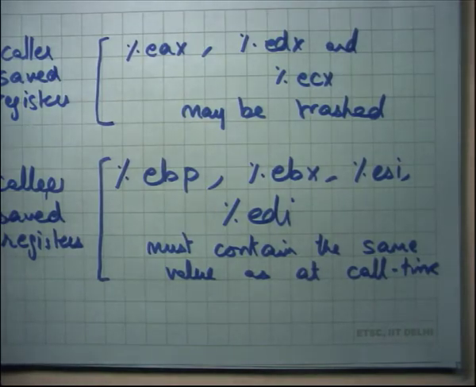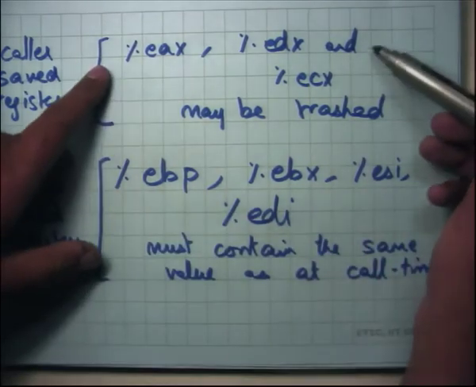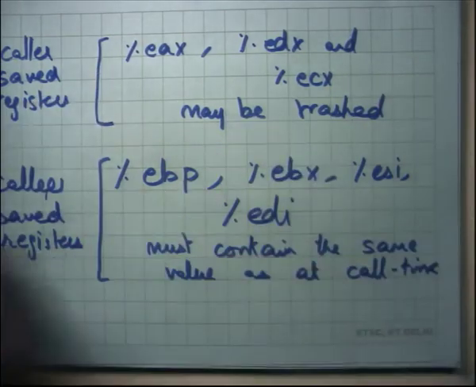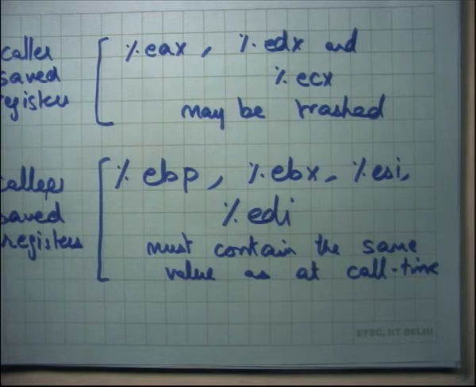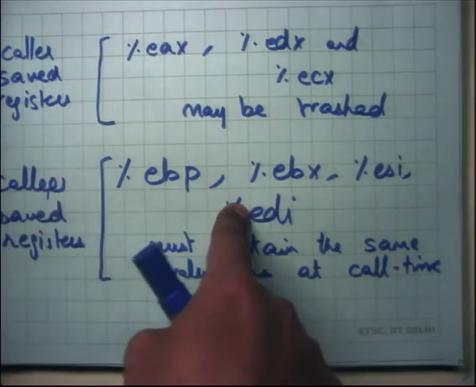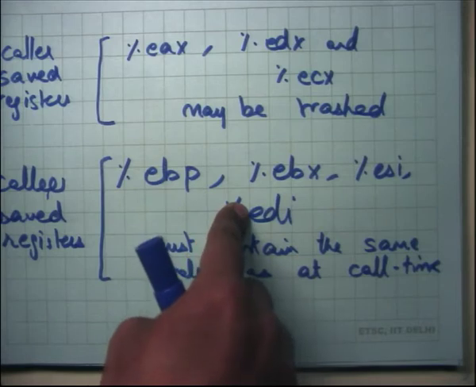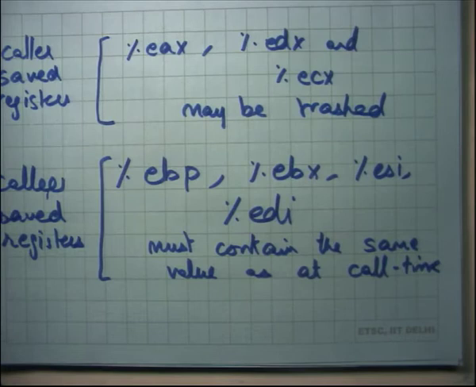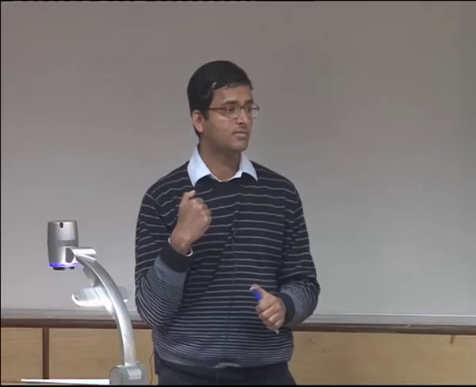Basically it means the callee is free to trash these registers, so the caller must save them before making the call if it actually cares about those values. On the other hand, for these registers, the caller has a contract with the compiler that these are not going to be modified, so it doesn't need to save them. If the callee does need these registers, then it's the responsibility of the callee to save them and then restore them before returning.